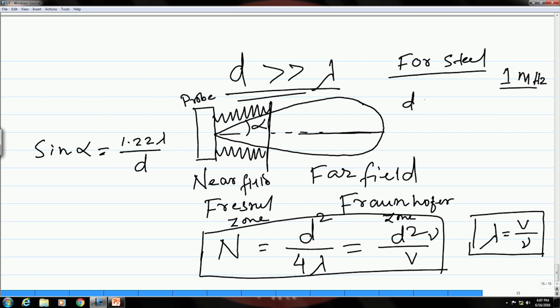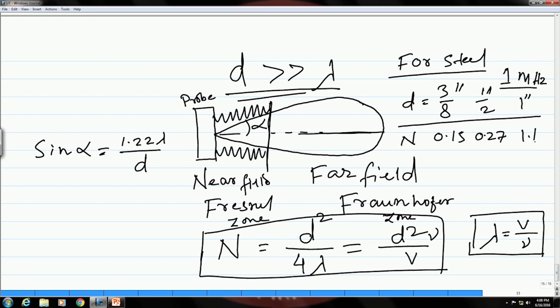When you vary d to these sizes, 3/8 inch, half an inch and 1 inch, for these three different values of d, n would be 0.15, 0.27 and 1.1 inches, and the value of alpha would be 48 degrees 10 minutes, then 34 degrees and 16 degrees 10 minutes.